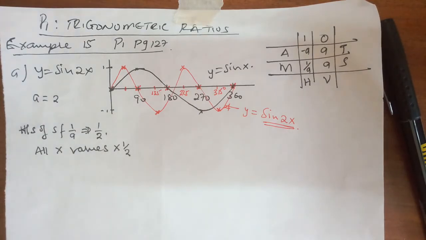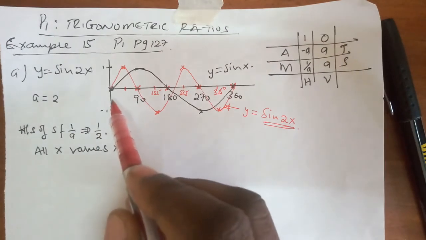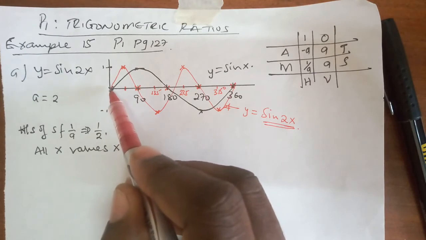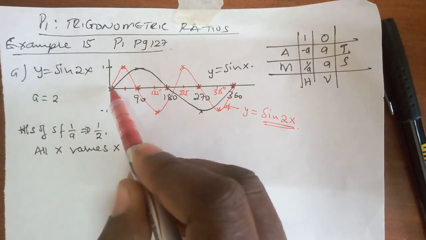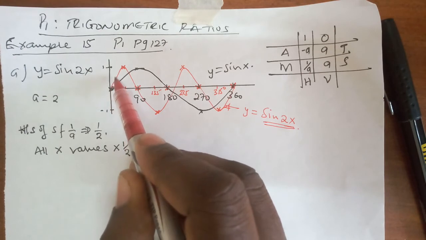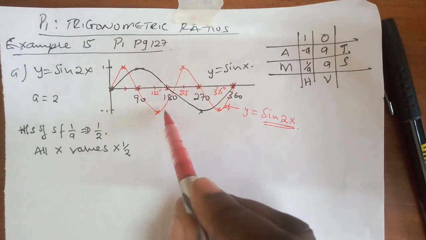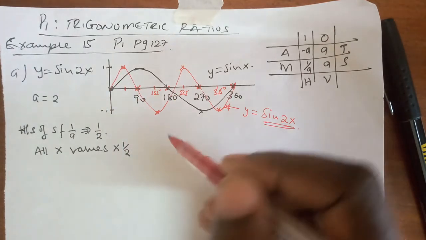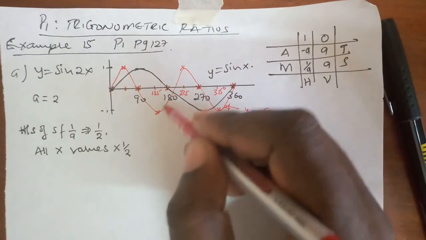Every value of x is divided by 2, and we can see that the graph of y equals sine x is stretched horizontally with scale factor a half. You can see the period is now 180 degrees. One period is when we have a complete cycle, and it is simply 180.